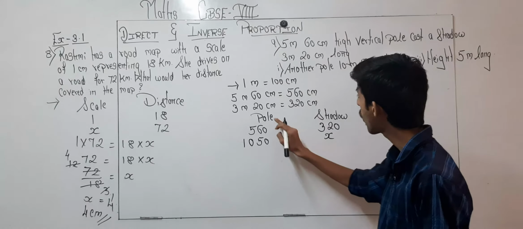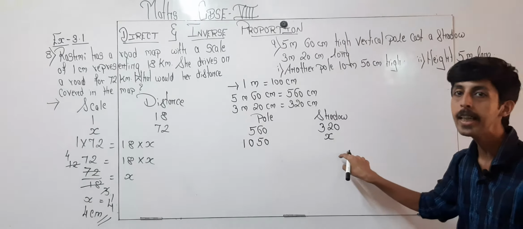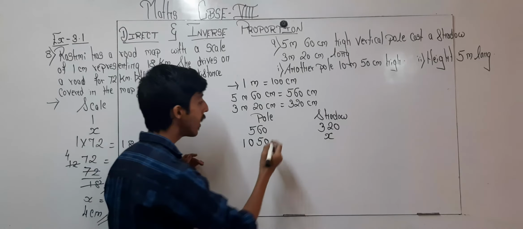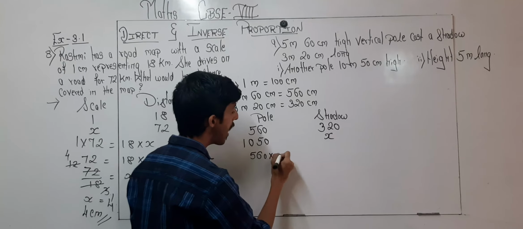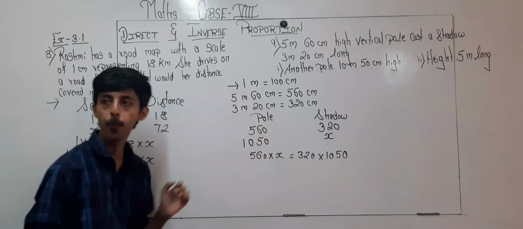So what do we have to do? Now the pole size is increased, so the shadow will also increase. So by which method? By direct method. Now over here, 560 multiplied by x is equal to 320 multiplied by 1050.